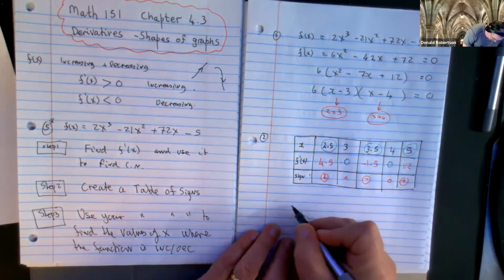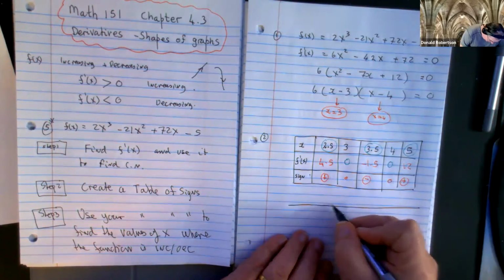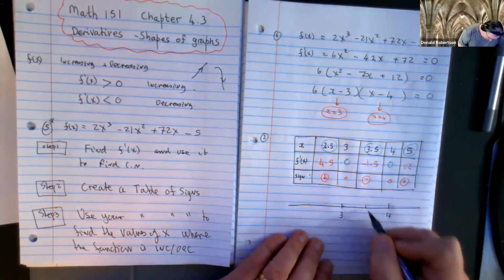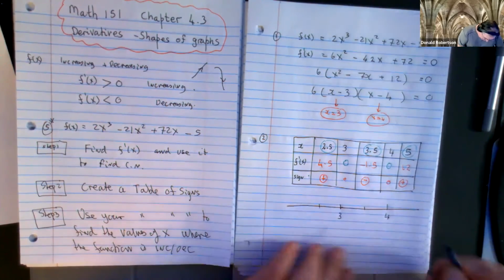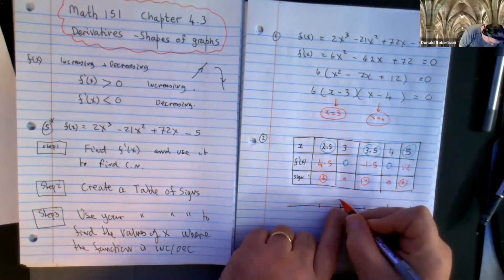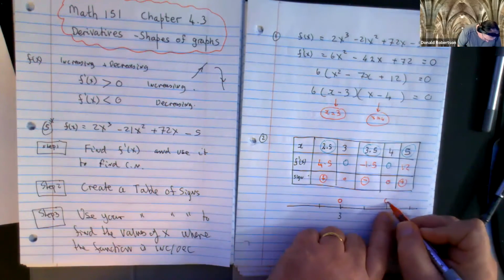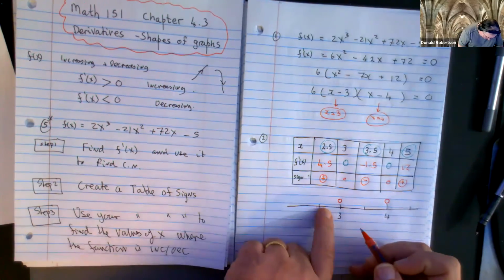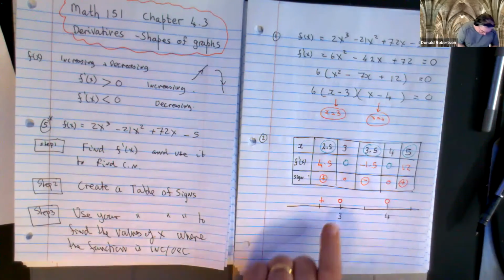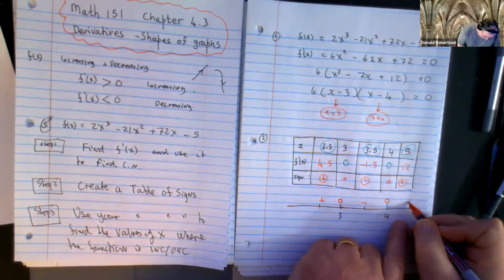You don't need this line, but for me, I like it because it visually helps me. There's 3, there's 4, there's 3.5, there's 2.5, there's 5. Here, the derivative is 0. Here, the derivative is 0. At 4.5, the answer is positive. Between here and here, the answer is negative. And over here, the answer is positive.